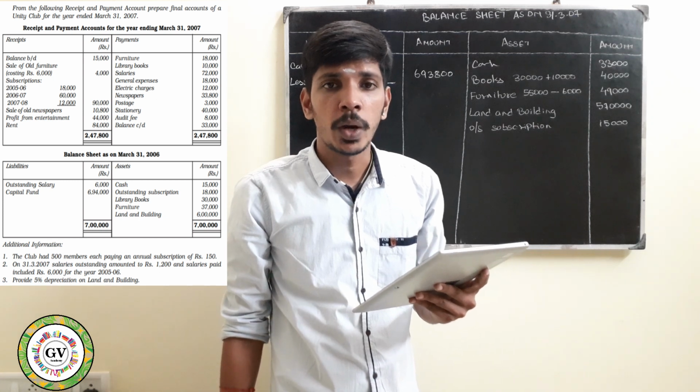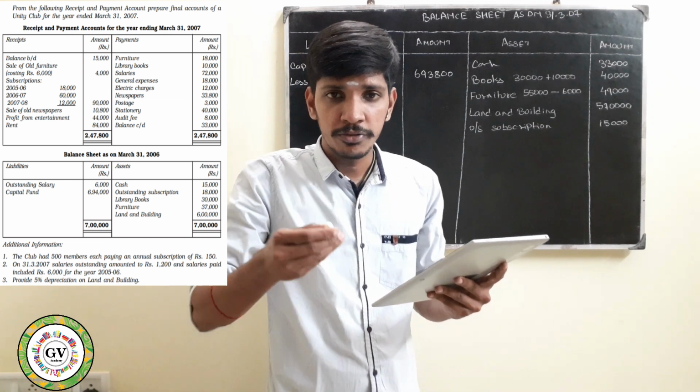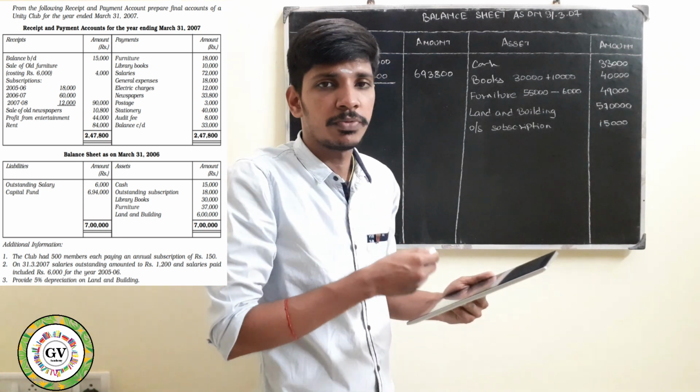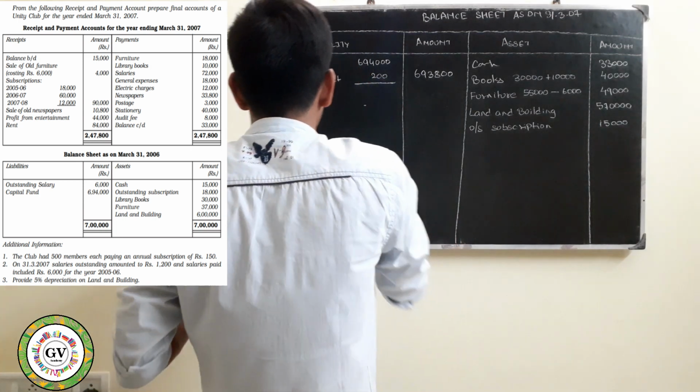In the current year, there is an outstanding salary of 1,200 which is a liability on the firm's part to pay. Therefore, it will be shown on the liability side of the current year balance sheet.